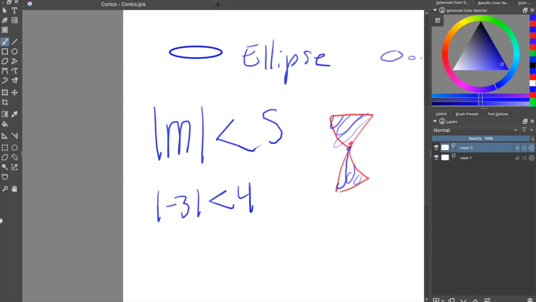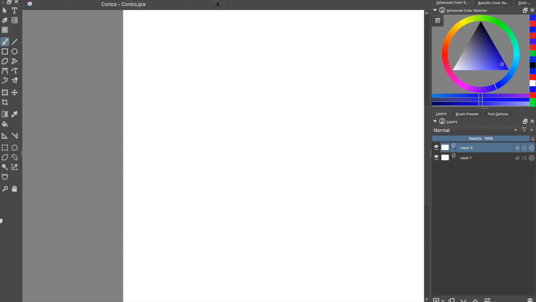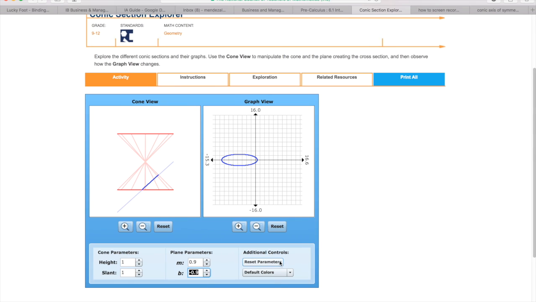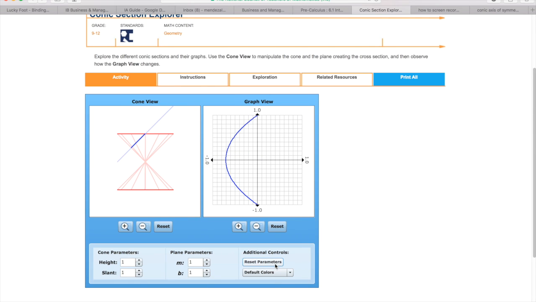Now we're gonna take a look at our hyperbola. So let's go to our little tool over here, reset parameters, and let's start increasing our m, or our slope.